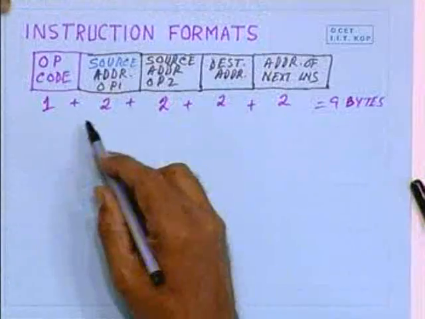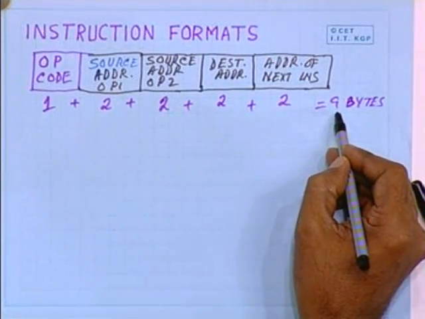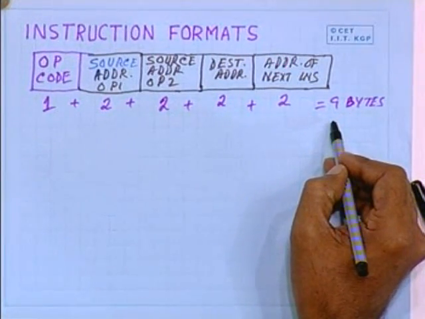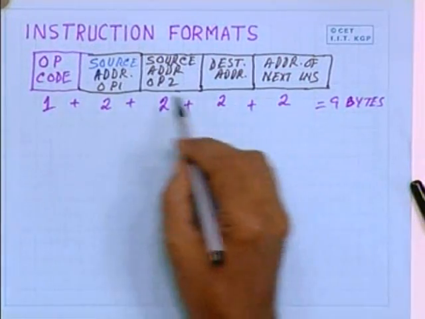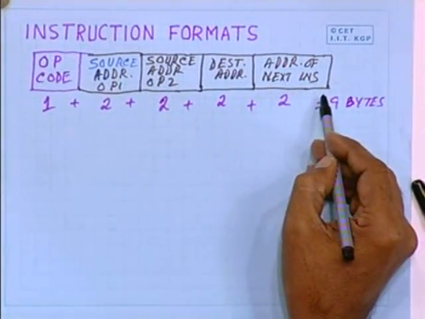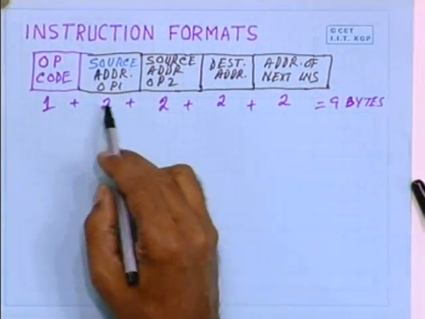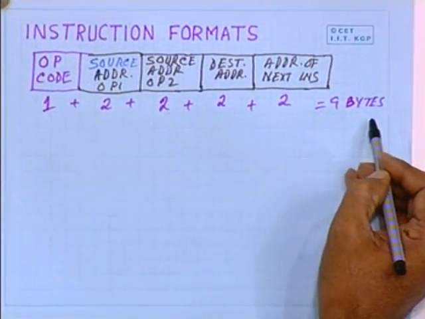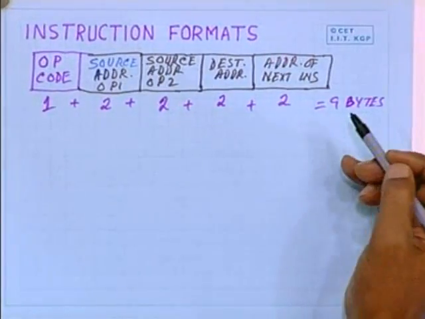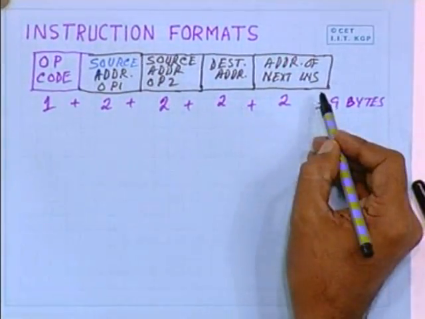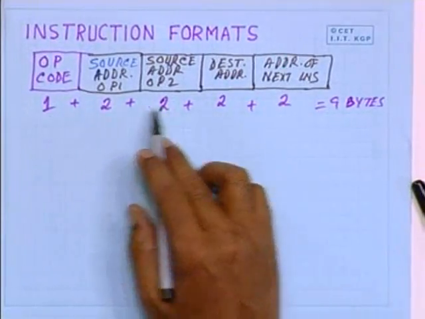Then it will require a large memory to store a program, and it will also take a long time to execute, because you have to fetch a single instruction from 9 memory locations. So the time required to fetch a single instruction will be quite long. So you have to devise some technique by which this can be avoided.